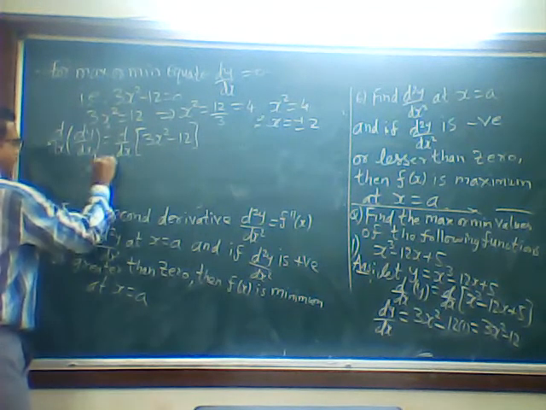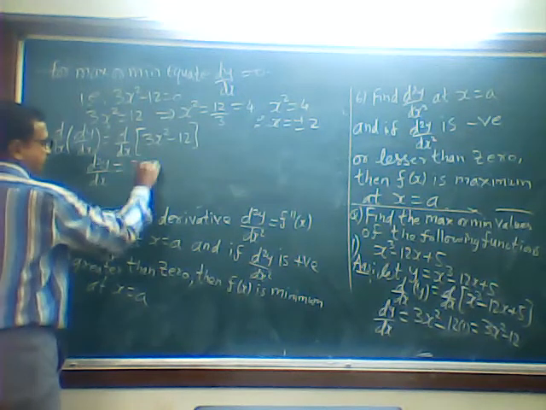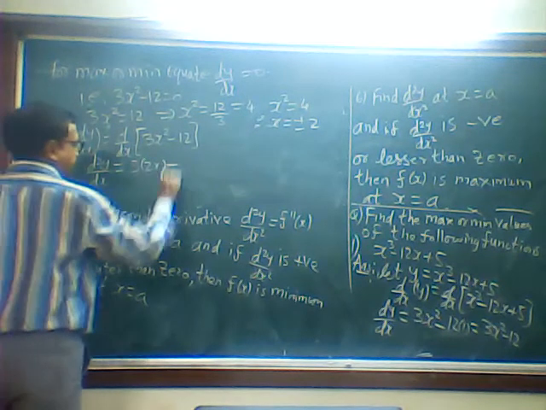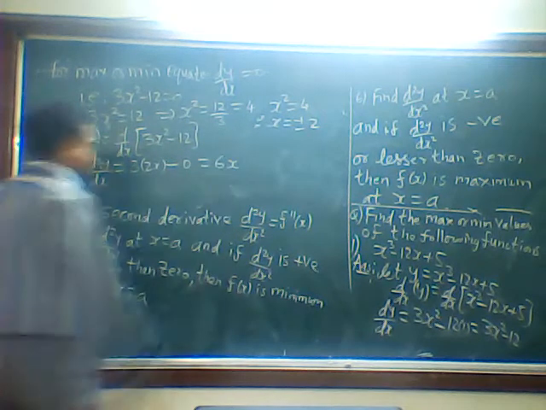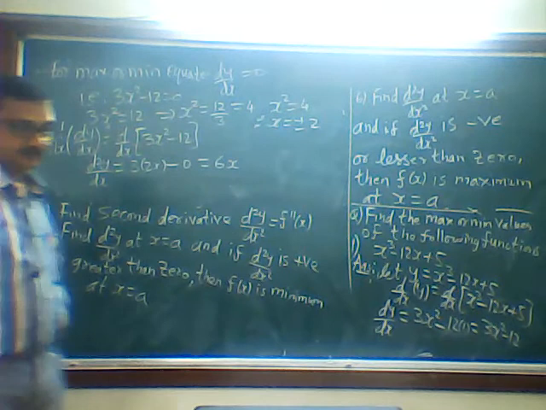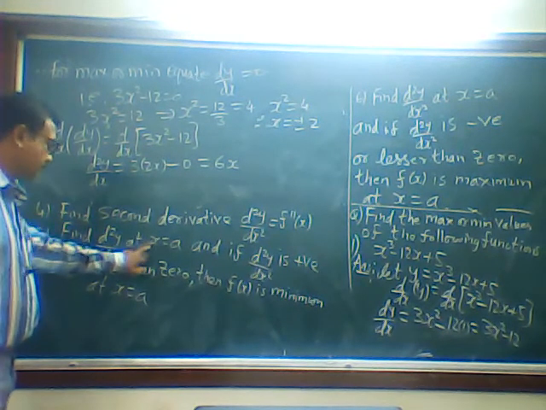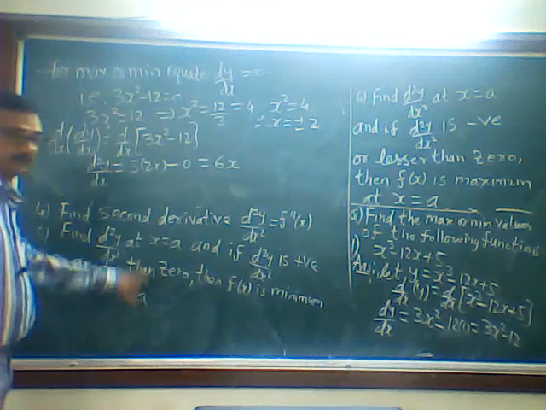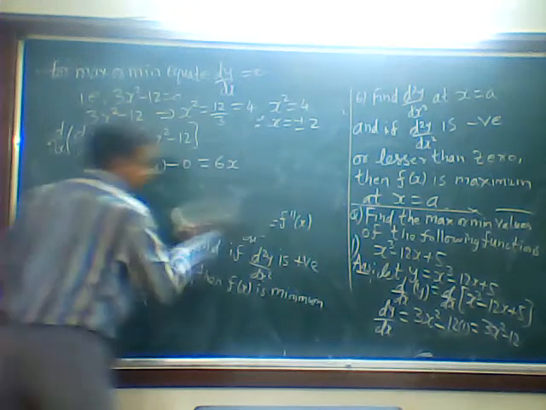This will become the second derivative. 3, and d by dx of x square is 2x, minus 12 is 0. So it will become 6x. 3 twos are 6x. So I got d square y by dx square. Now the second derivative is found. Then I will put the values one by one and check whether they are greater than 0 or less than 0. Okay.